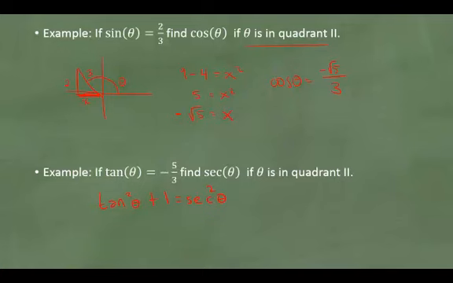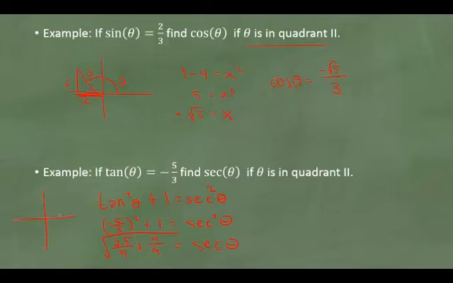That's one way of memorizing it. So tangent theta squared would be negative 5 over 3 squared, plus 1, is equal to secant theta squared. This is 25 over 9 plus 1, but instead of 1 we're going to write 9 over 9, is equal to secant theta squared. And to get rid of the square, we're going to take the square root.